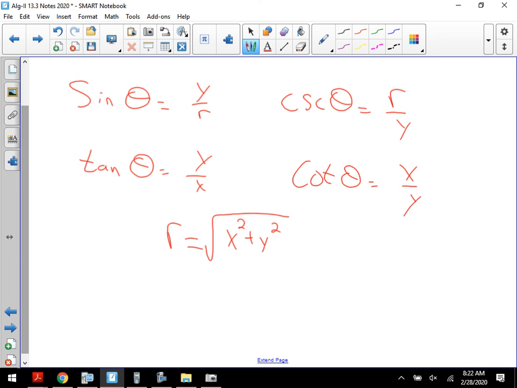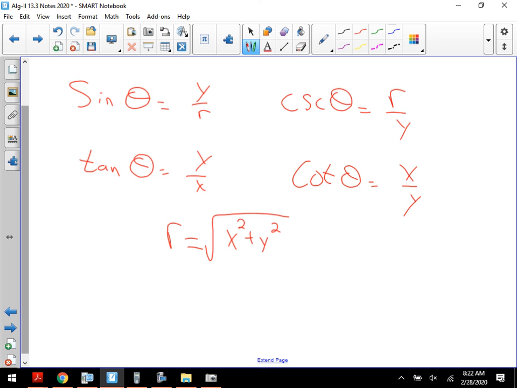Do you need to draw it? No. Right. What comes first in the alphabet, x or y? What comes first in the alphabet, cosine or sine? Cosine. Where is x positive in the plane? First and fourth. Where's cosine positive?